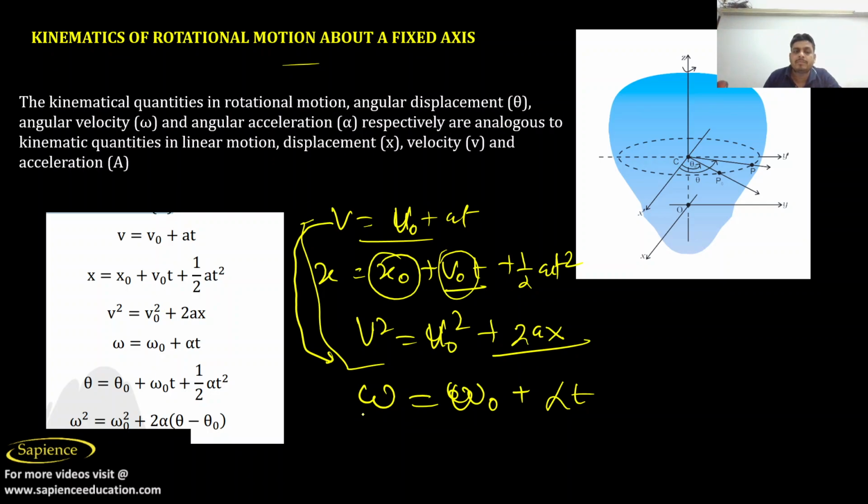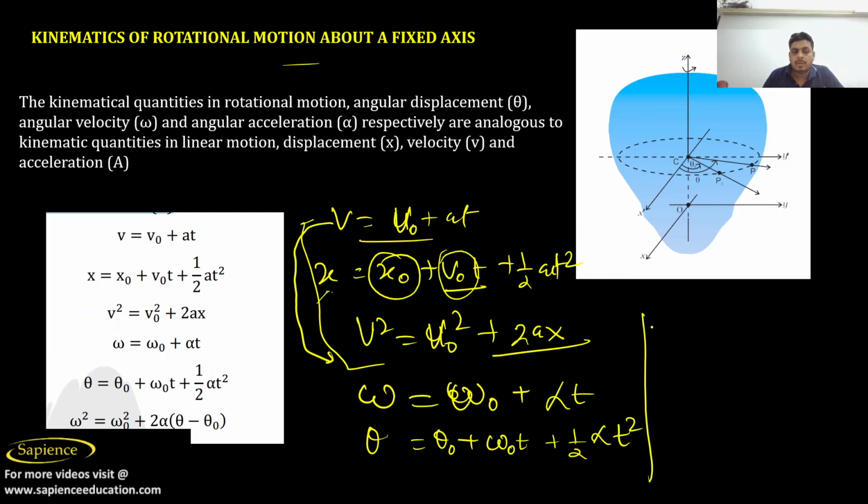Now in place of x we can write theta, initial position theta naught, plus initial angular velocity omega naught into t, plus 1 by 2 into angular acceleration alpha, in place of linear acceleration, into t square.